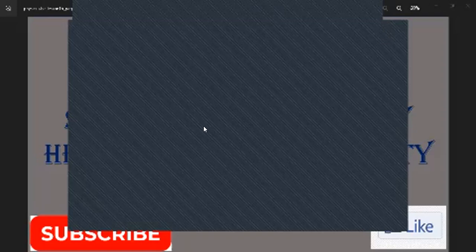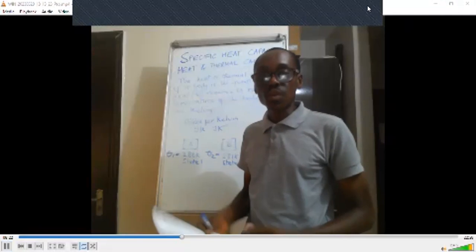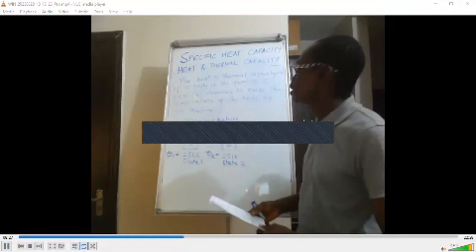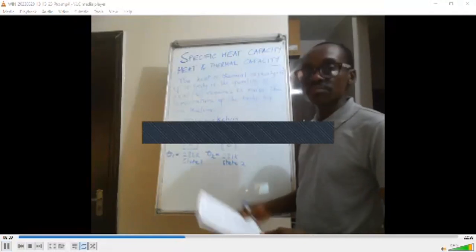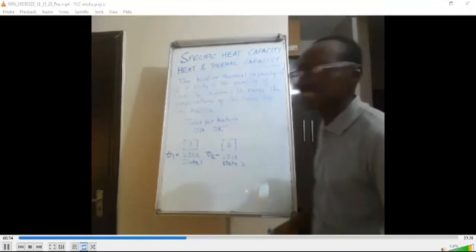So we are going to continue right now. Used interchangeably. So heat capacity and thermal capacity are essentially the same thing.